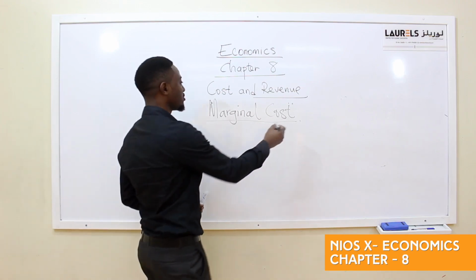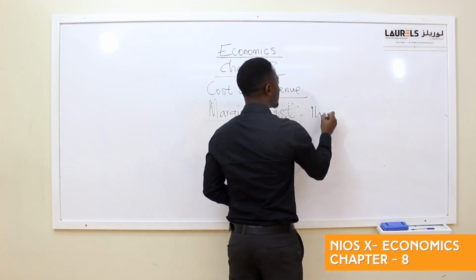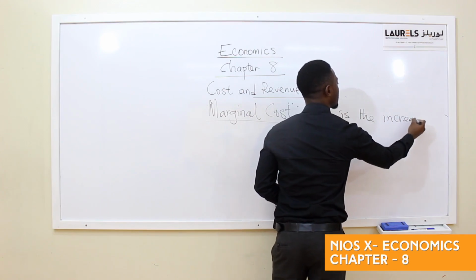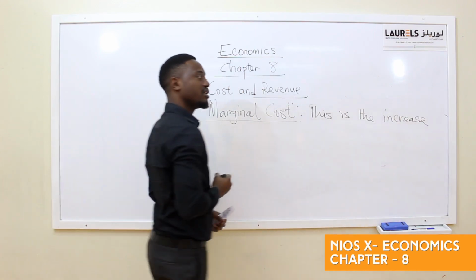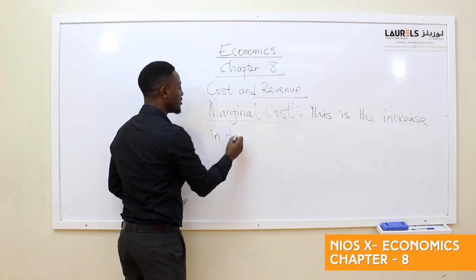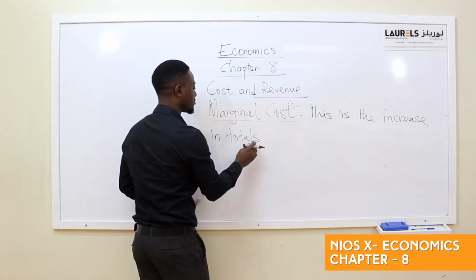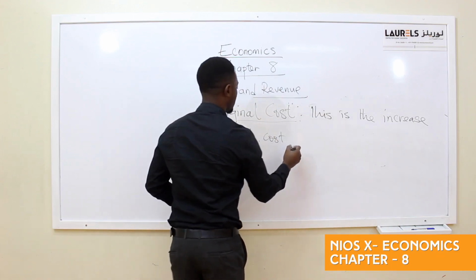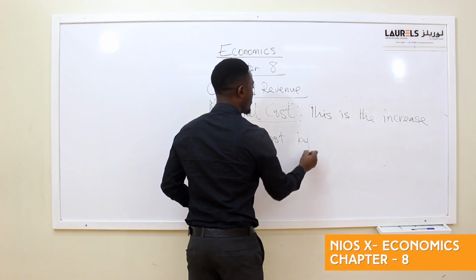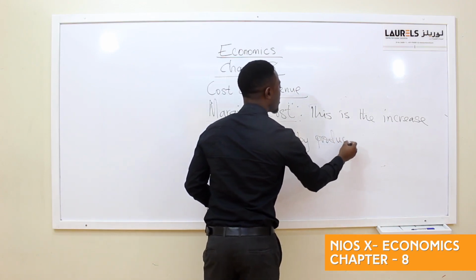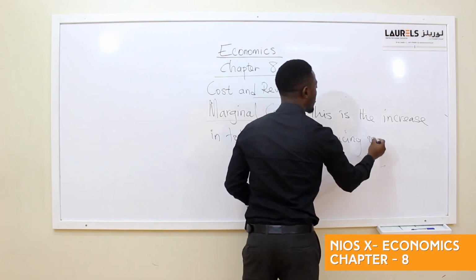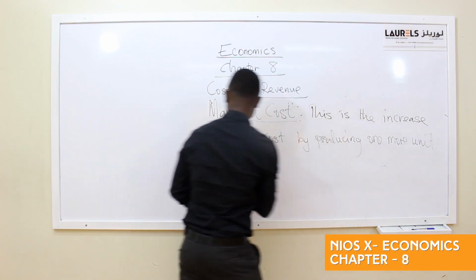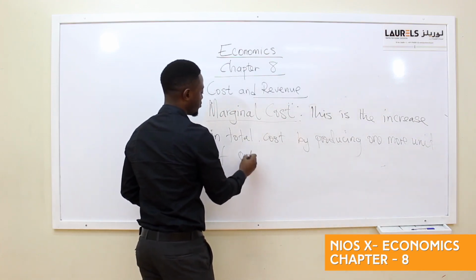So the marginal cost is the increase in total cost by producing 1 more unit of output.